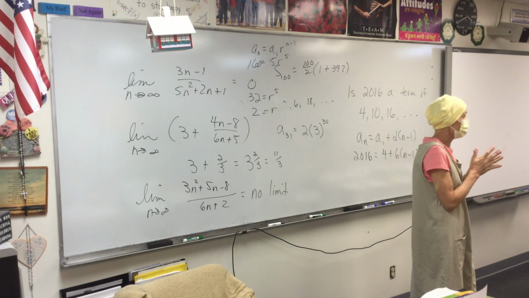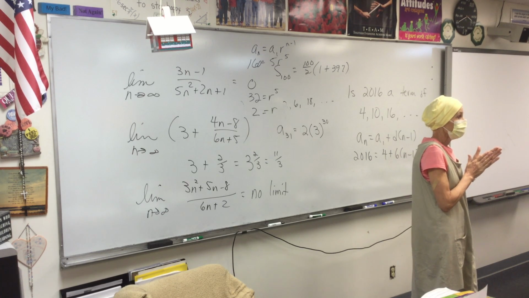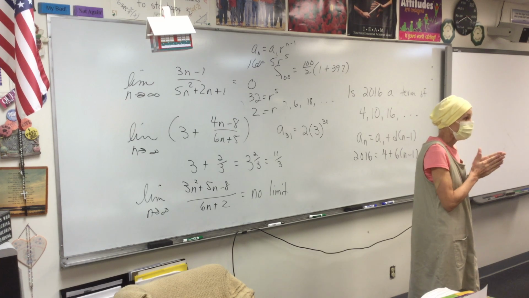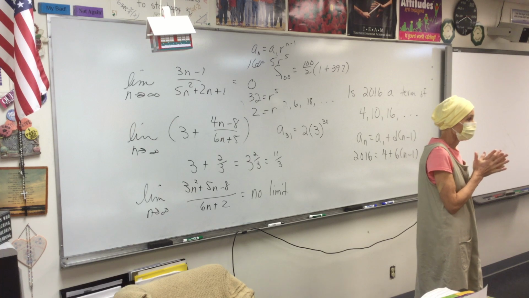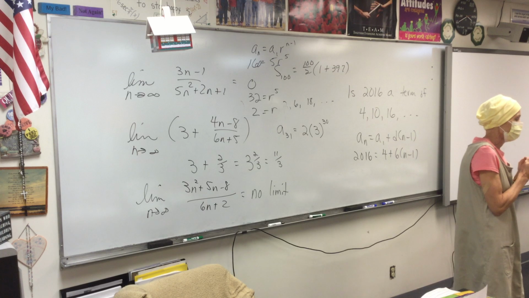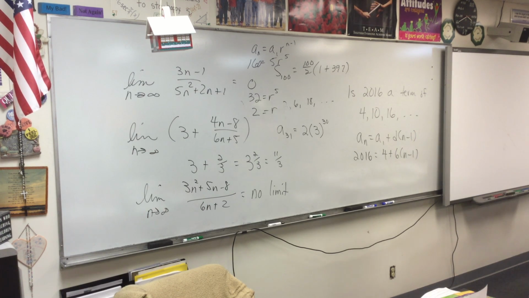You should be familiar with how many squares there are on a checkerboard, with how many days there are in the various months. It goes like 31, 28. There are 30 days in September, April, June, and November.